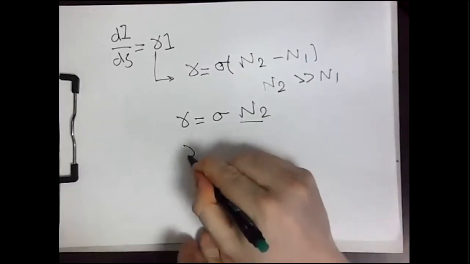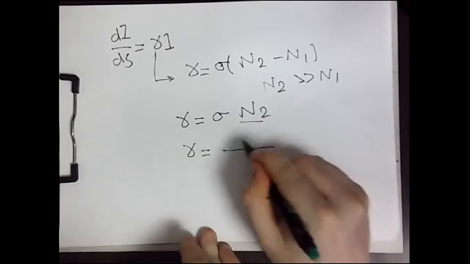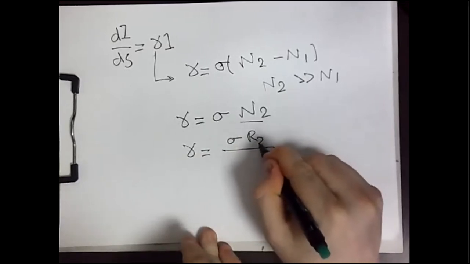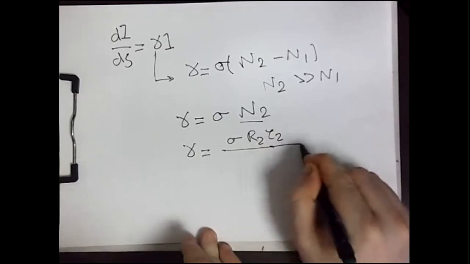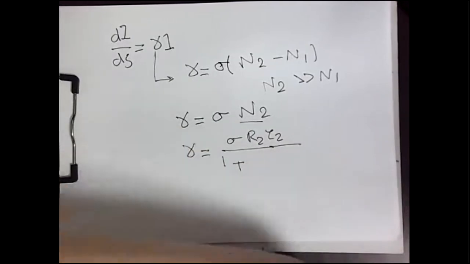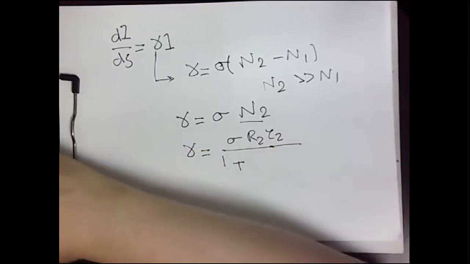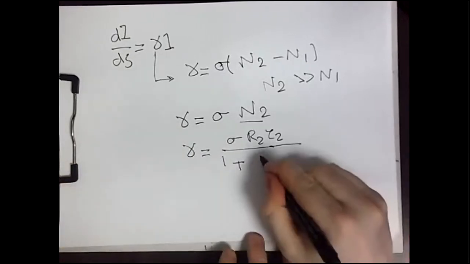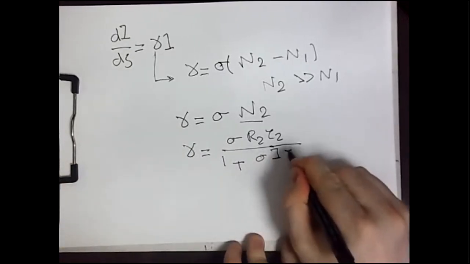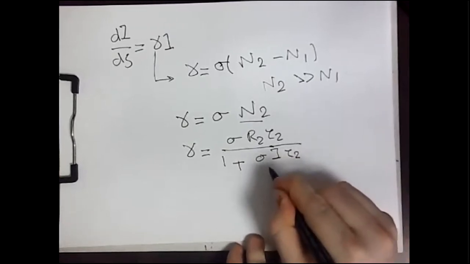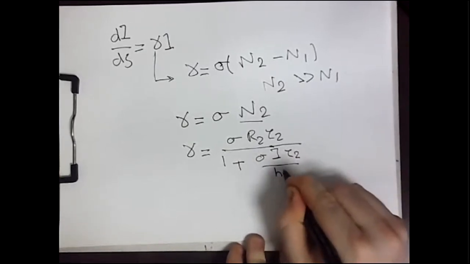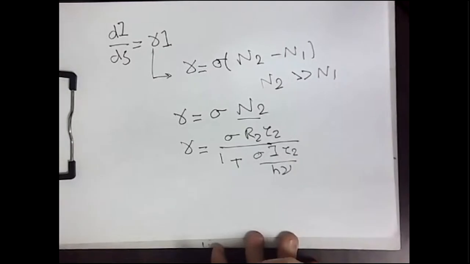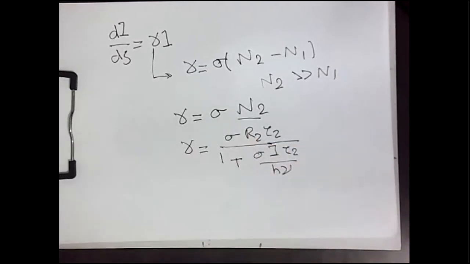So gamma equals sigma R2 tau 2 over (1 plus sigma I tau 2 over h mu). This is an expression for gamma.